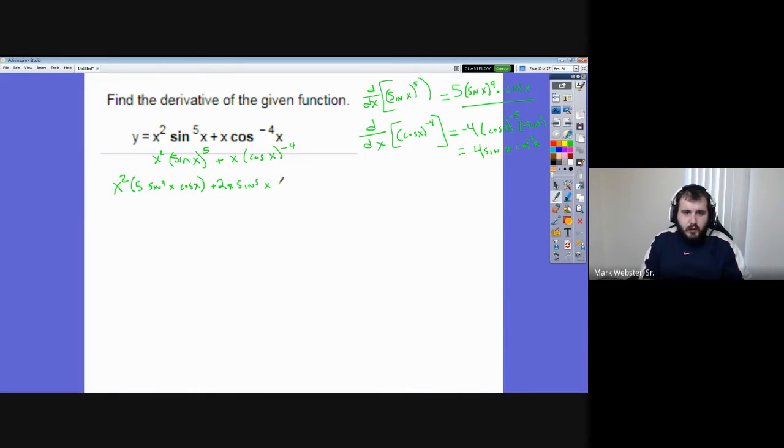That's this one. Plus left d right plus right d left. So we've got x times this here, 4 sine x cosine to the negative fifth x, plus right d left. Derivative of x is just 1.